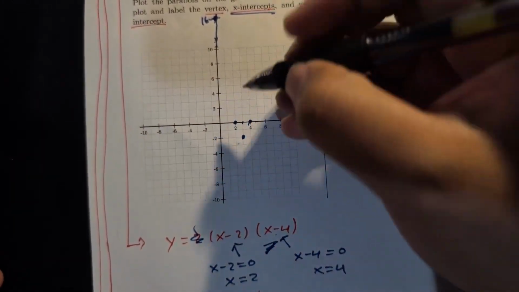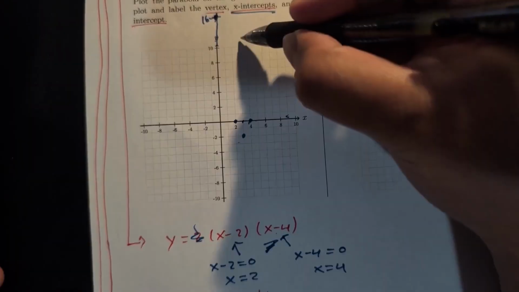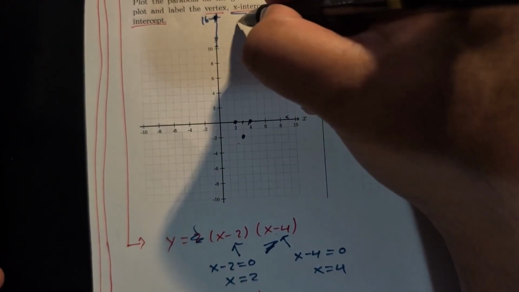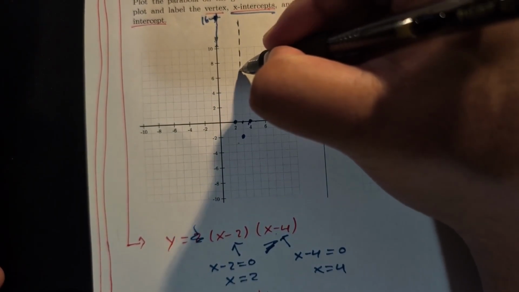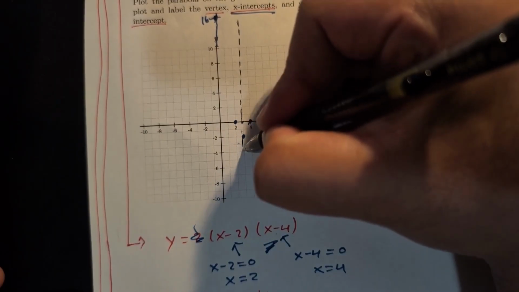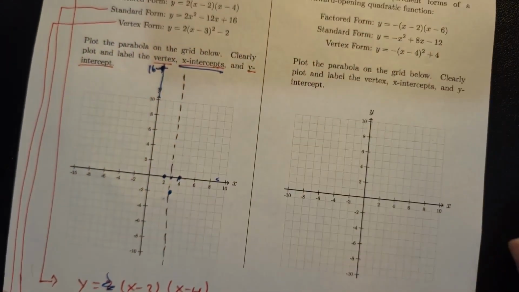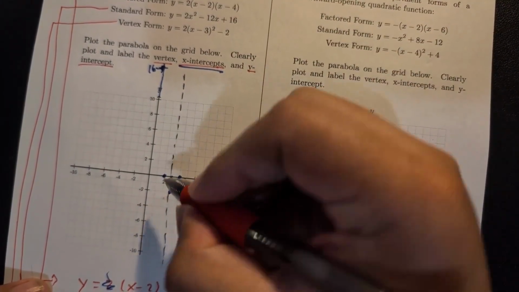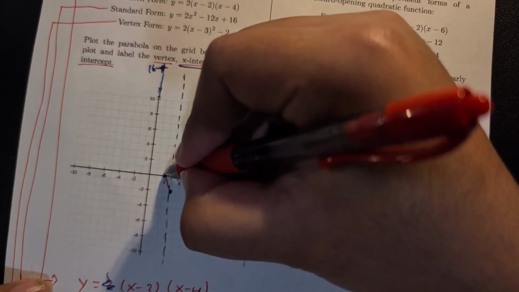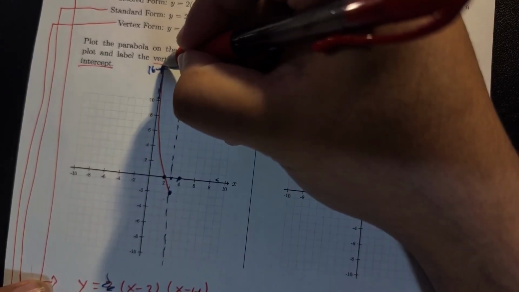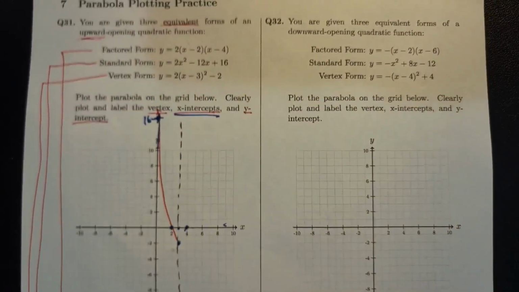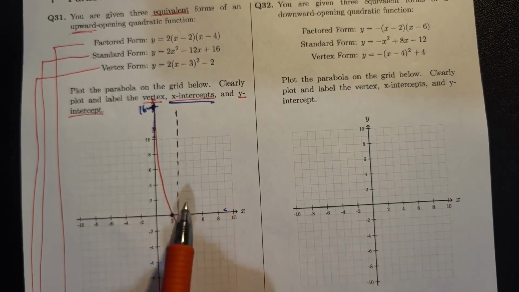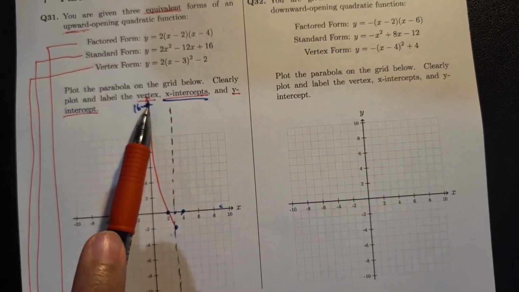Something else I want you to do, besides what it's telling me here, is draw your axis of symmetry. Your axis of symmetry is always going to go through your vertex. And now we're just going to connect it. This is going to go something like this, and then hit 16. So this 16, just reflect it over.